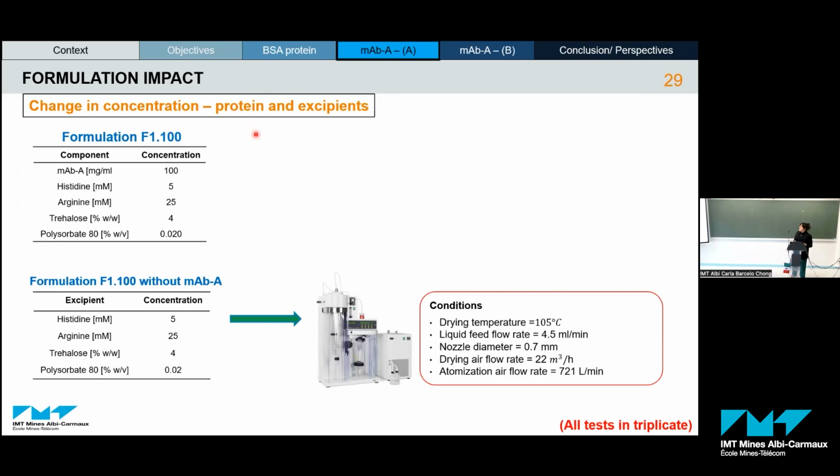Firstly, what we wanted to prove is that the excipients do not have an impact on the turbidity when spray drying. For this, we generated this formulation without the protein, and it was spray dried under these conditions to obtain a final powder that was then reconstituted.